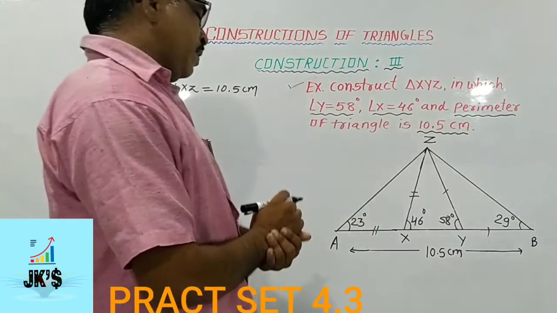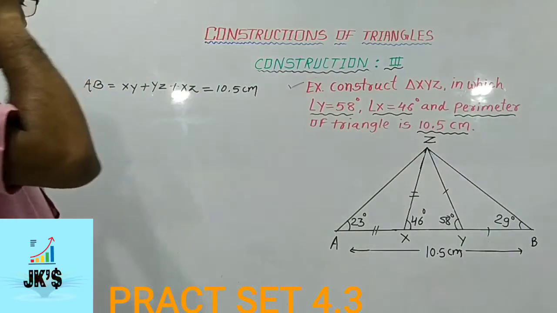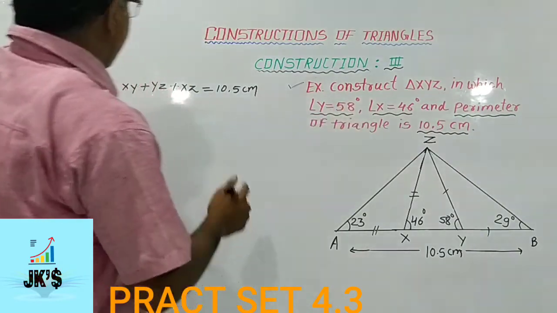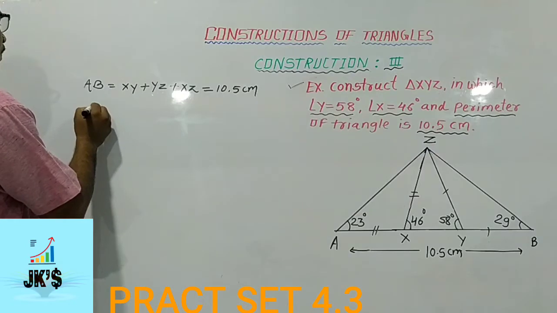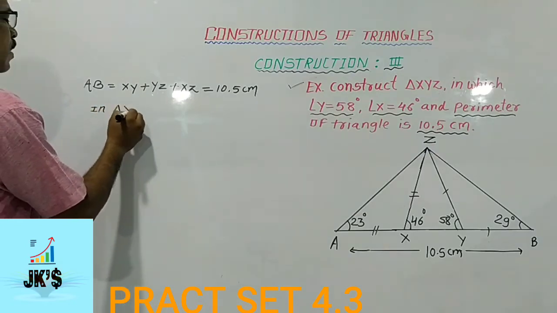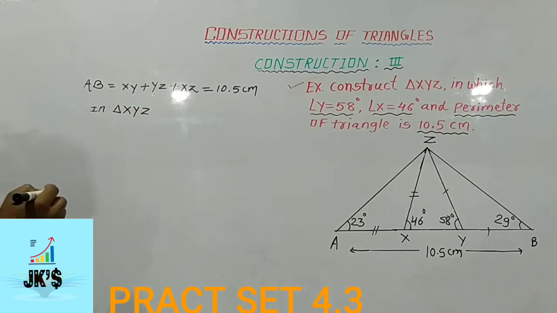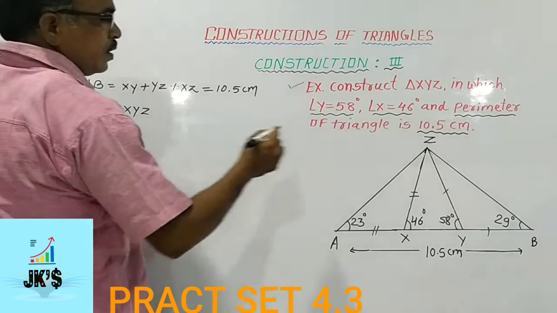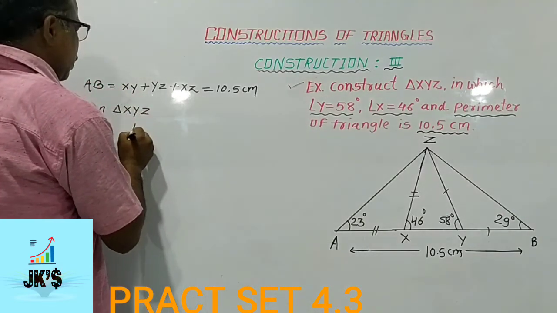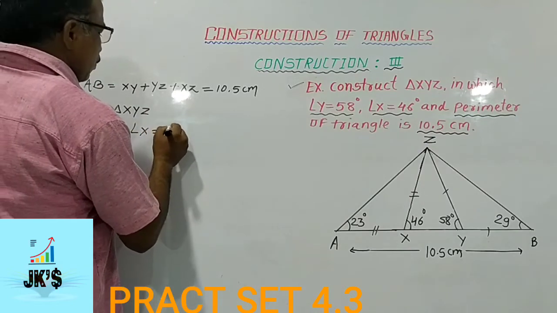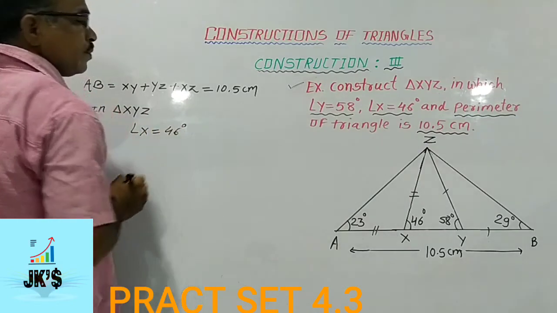Suppose this is AB. Now in triangle XYZ, angle X equals 46 degree.